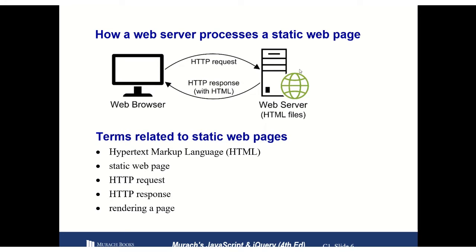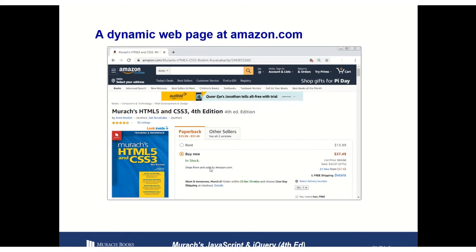Then the HTTP request, the one that your web browser makes to the server, and then the server sends the response back, and the web browser renders the page. But a dynamic web page, something you are familiar with, such as Amazon.com, you can see that it is a dynamic web page, and the information changes there.